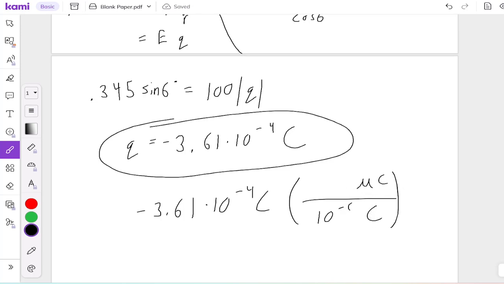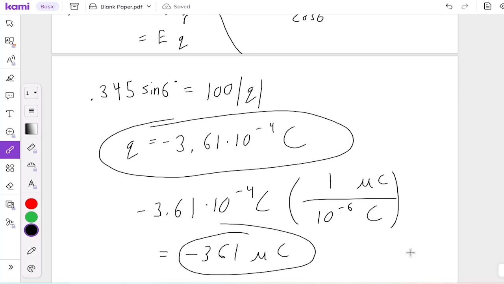There is 10 to the minus 6 coulombs in 1 microcoulomb, which is going to give me a final answer of negative 361 microcoulombs. If you're not great with your scientific notation, that's okay. You can easily practice it. It's not too bad.